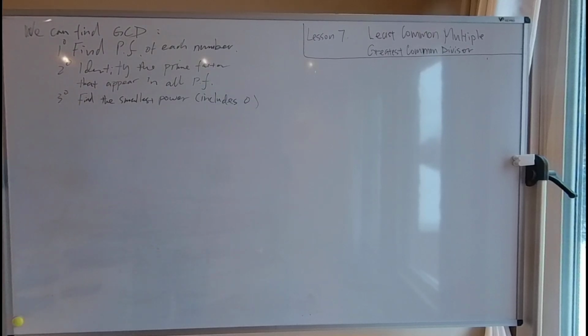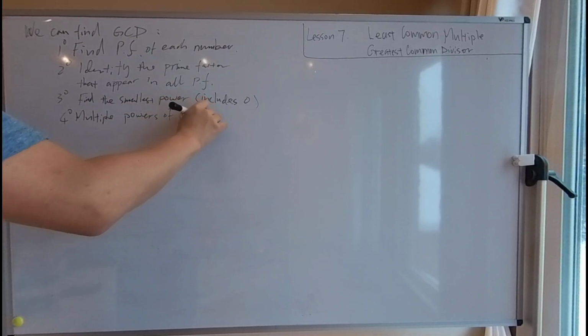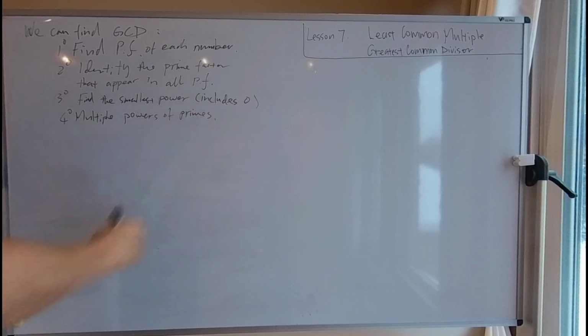Looking for the smallest power. And then the last step is to put them together, so multiply the powers of primes that we found in the above steps.